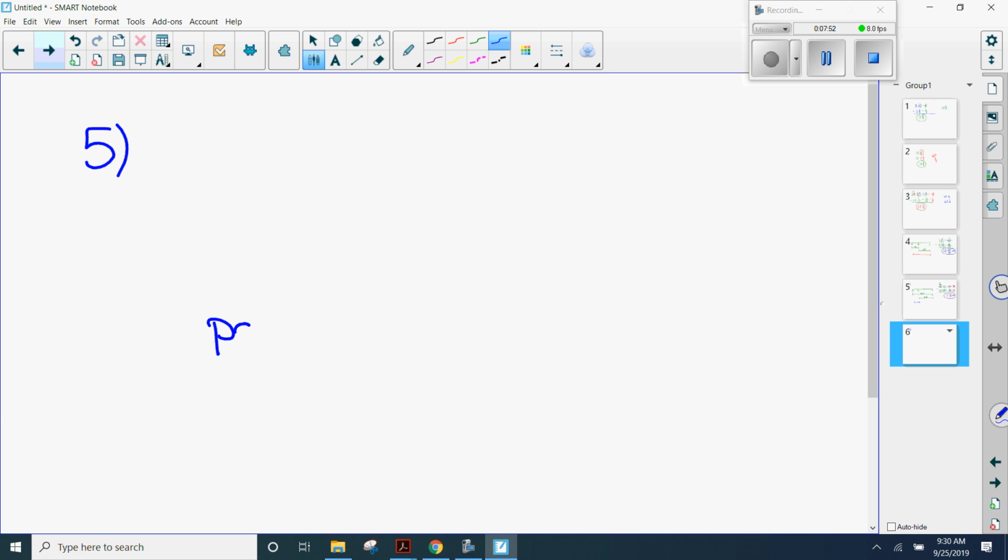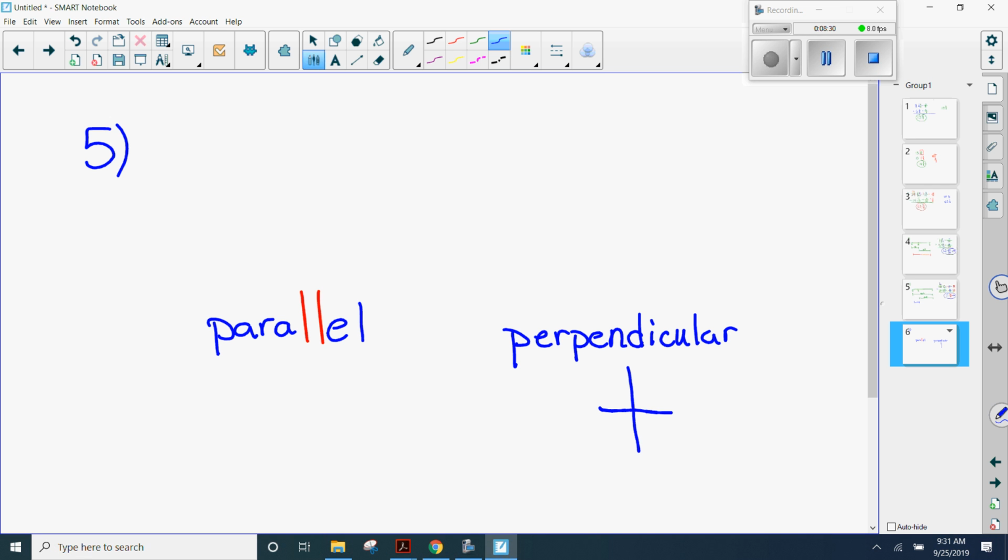When you write the word parallel, you draw parallel lines. So if they're not this way, which way do they got to be? Perpendicular, or the cross. So perpendicular lines are like this. Okay?